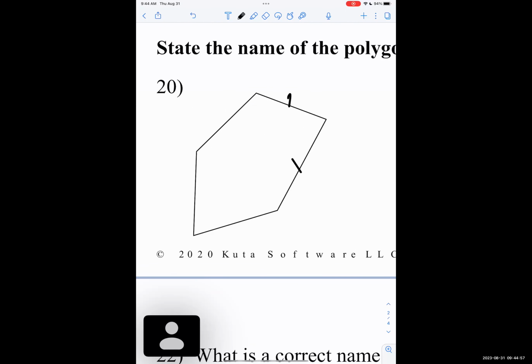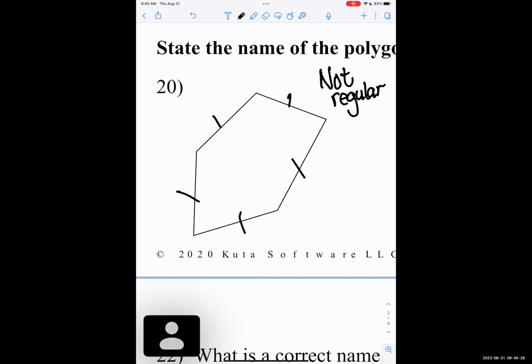1, 2, 3, 4, 5. Notice this is not part of the name. This is not regular. This is not what the question's asking for. Can anyone tell me why this is not a regular polygon? I don't know if you have covered that in your videos yet.